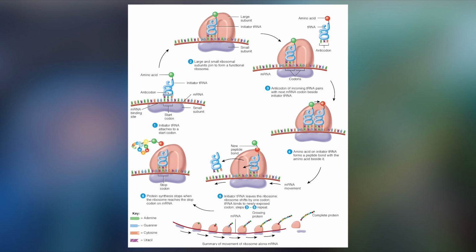The second phase is the elongation phase, where a whole bunch of new tRNAs come in, bringing their corresponding amino acids, their anticodons bonding to the original codons on the RNA template, and the large ribosomal subunit catalyzing the bonds between amino acids on the growing chain. That's called the elongation phase. And finally, the termination phase, which occurs when the ribosome reaches a stop codon which doesn't correspond to any amino acid, or doesn't have a tRNA which corresponds to it.